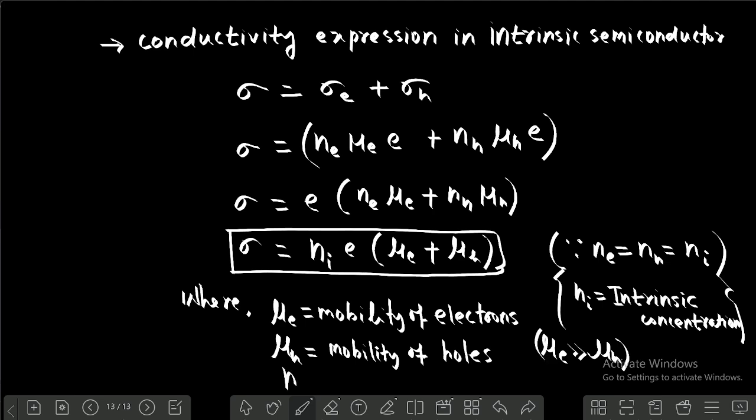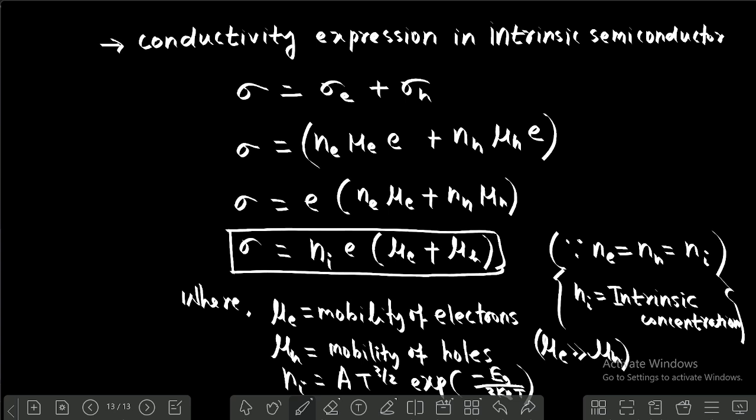And this Ni, remember how it is represented with temperature: Ni equals A, a constant, into T to the power 3 by 2, exponential of minus Eg by 2 kBT. kB is Boltzmann constant.